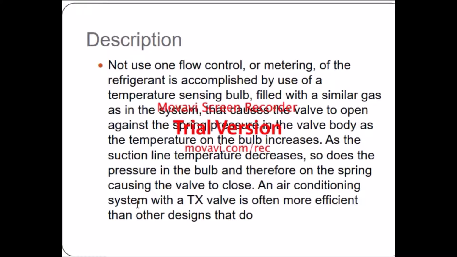If the pressure decreases, the spring will be released, which means the valve is open. That's why the supply of refrigerant will be increased. This is how the expansion valve works.